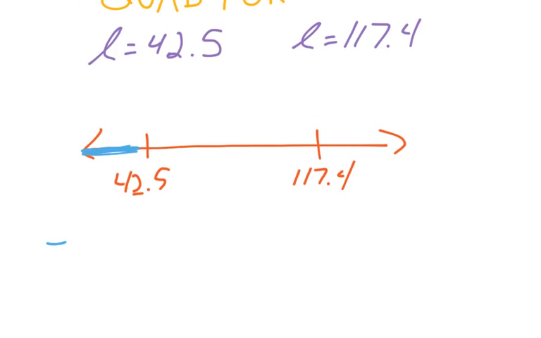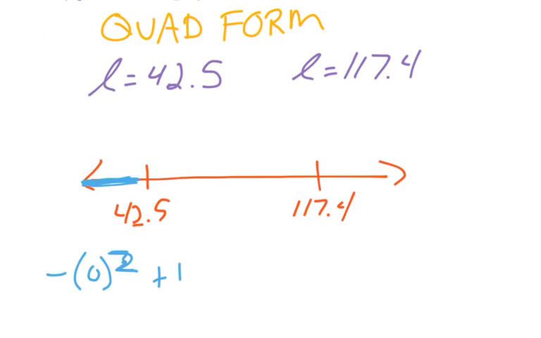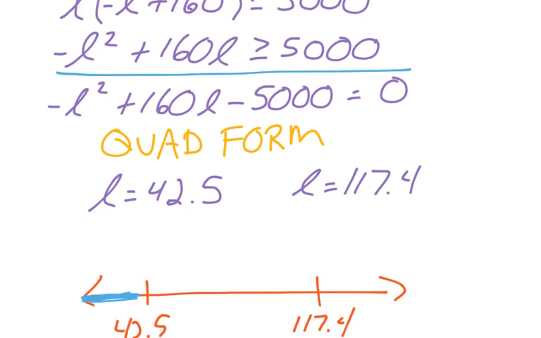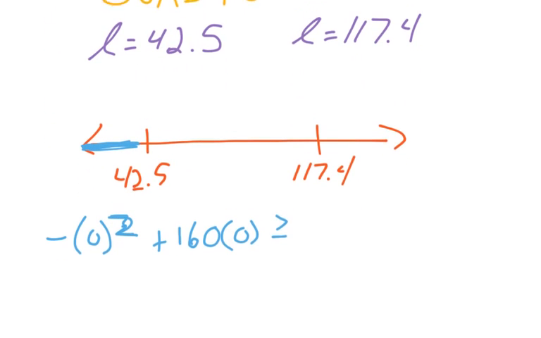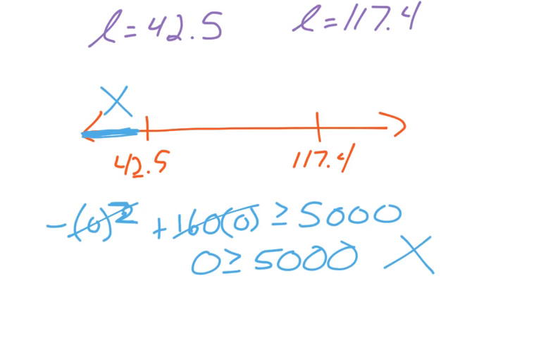So we'll have negative 0 squared plus 160 times 0, and we're going to see if that is greater than or equal to 5,000. 0 is greater than or equal to 5,000? Obviously that's not true, so we'll have an x here, which means check, and then x. So the values of L that work are the numbers in between 42.5 and 117.4.